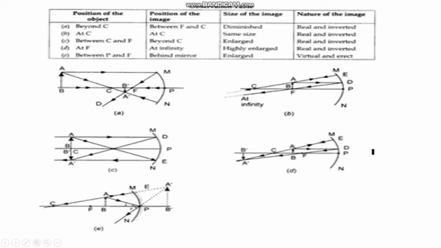If you observe the ray diagrams, we may be asked at different positions of the object how the image is formed, whether it is a real image or a virtual image.